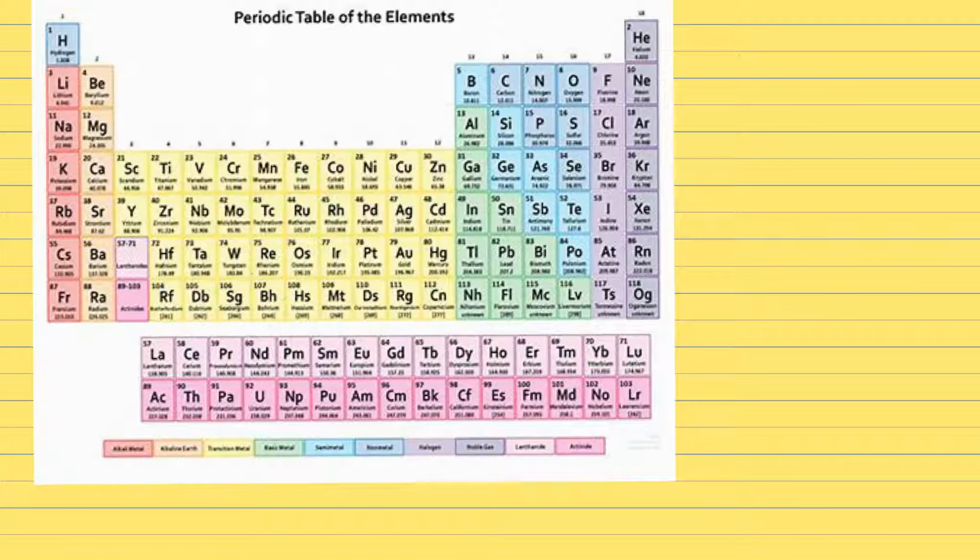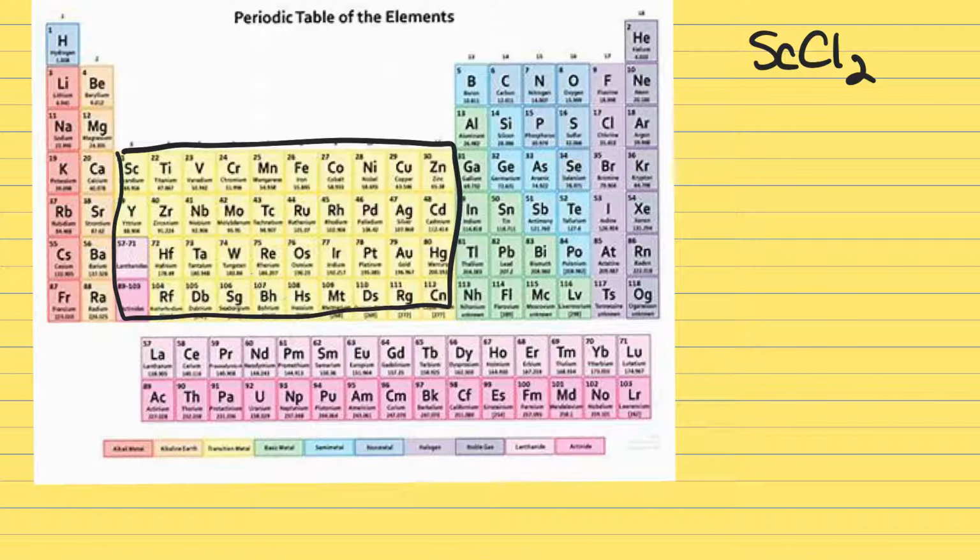Let's start from the chemical formula and write the name. For example, let's say we have this compound here: ScCl2. Now, the thing about transition metals, as I said, is that they can have multiple oxidation states or charges. So by looking at the periodic table, you cannot easily figure out the charge of the metal itself. You're going to have to rely on the nonmetal to figure out the charge of the metal.